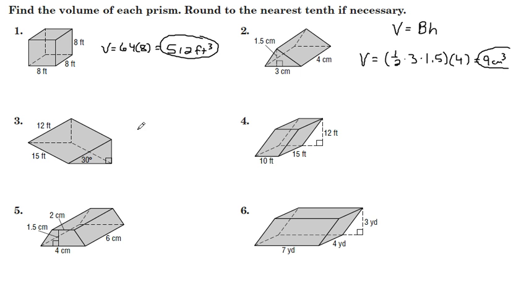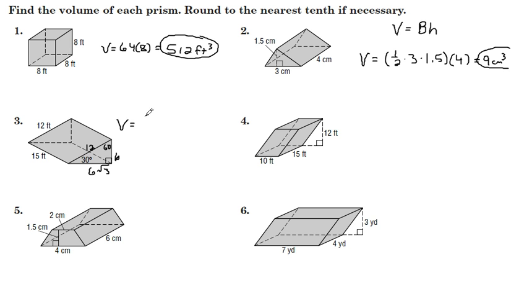Alright, number 3, another triangular prism. You've got to figure out the base, which is a triangle, and notice it is a 30, 60, 90 triangle with the hypotenuse being 12. Since the hypotenuse is 12, the short side then is 6, and then the long side is 6 radical 3, and there's our base and height.